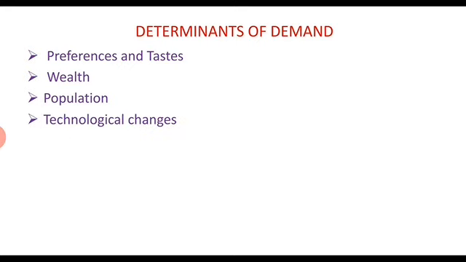Technological changes. Technological changes may increase production and decrease production cost. So technological changes lead to increase in production and low prices. So technological changes lead to increase in demand. Climate and weather conditions also determine the demand.